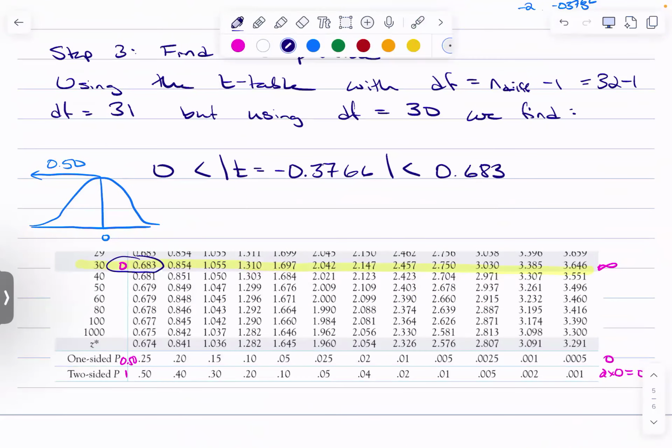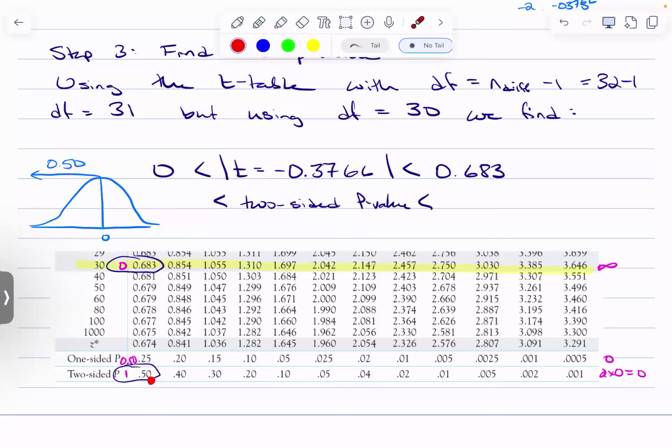So then here, my two-sided p-value is going to be between two values. Now, my two-sided P is down here.